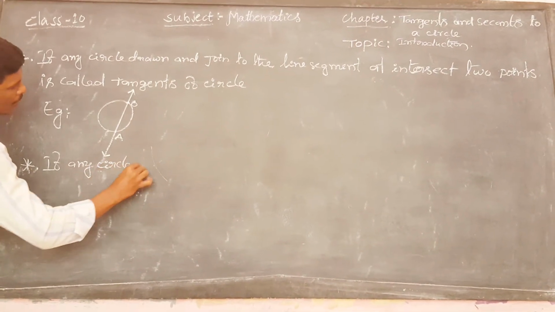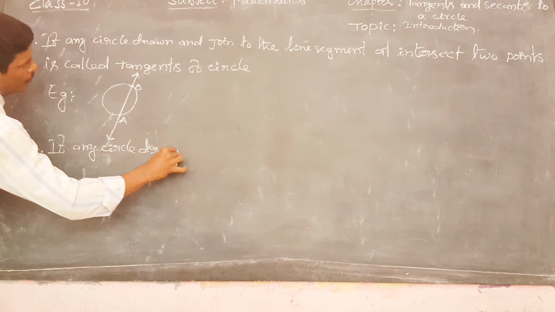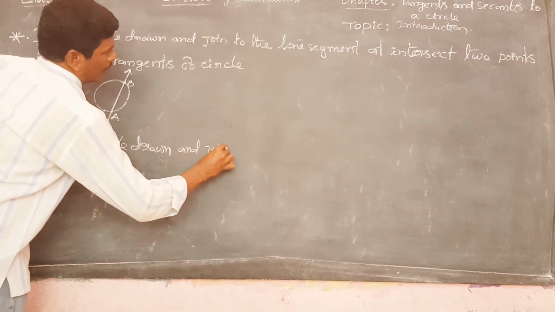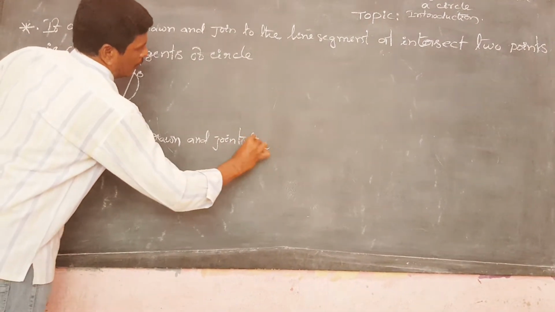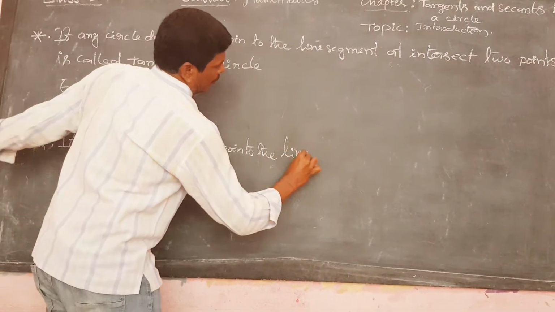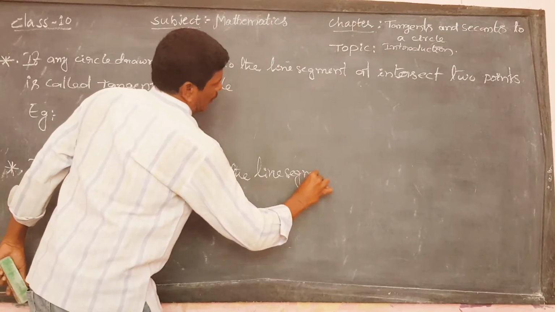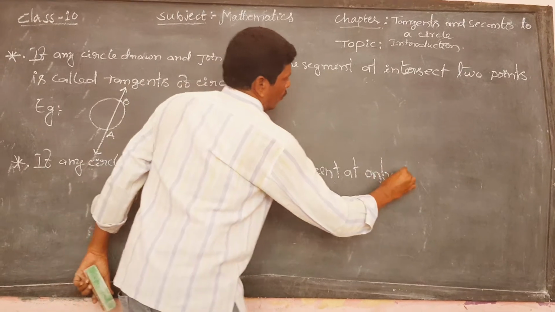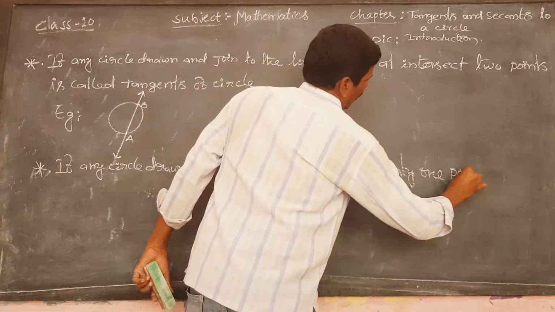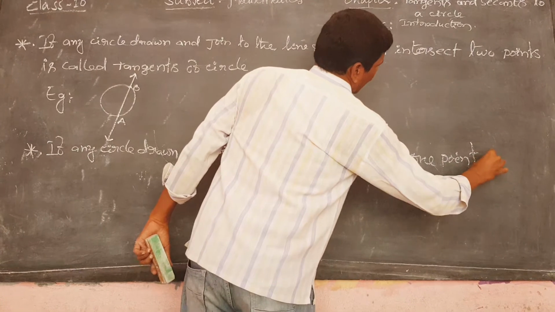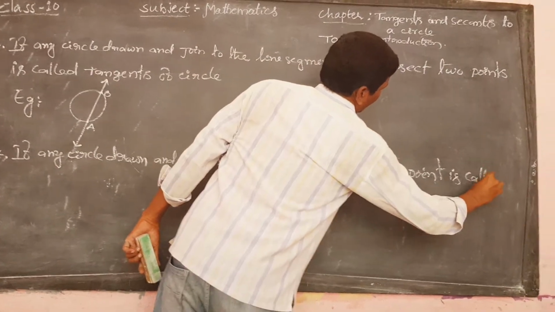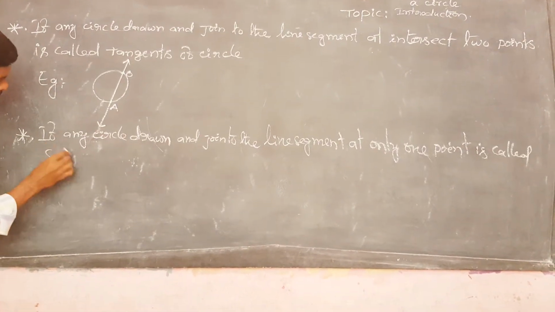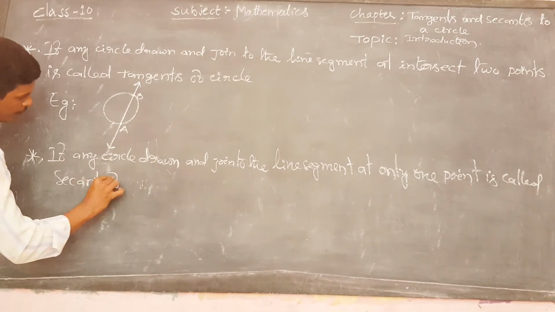Definition: if any circle is drawn and a line segment touches it at only 1 point, it is called a secant of the circle.